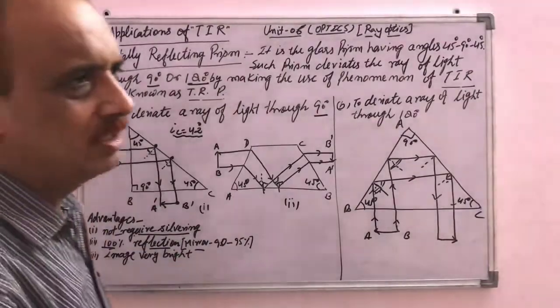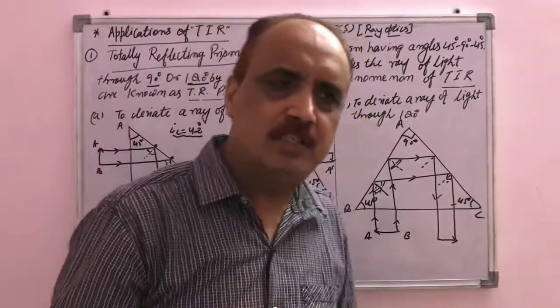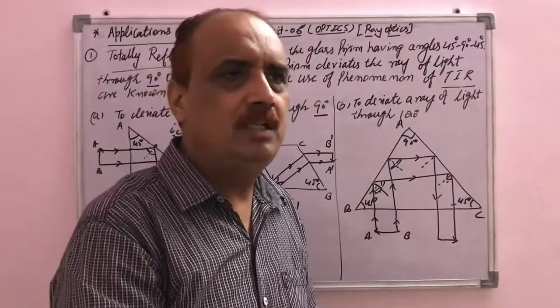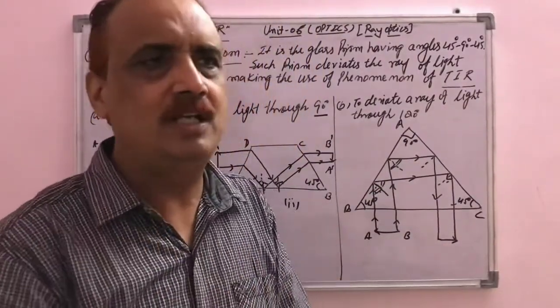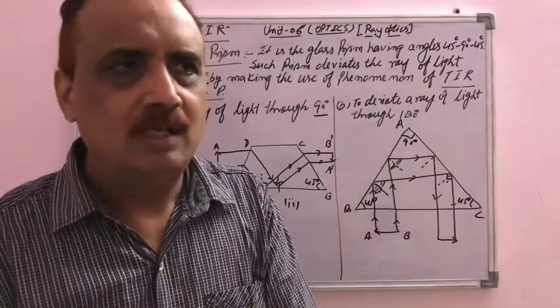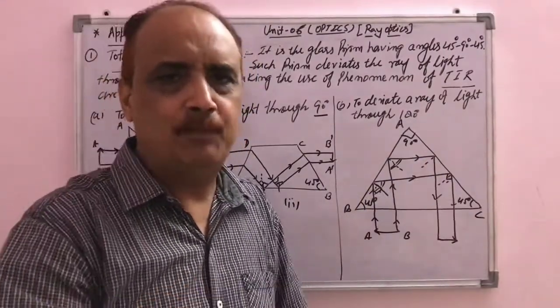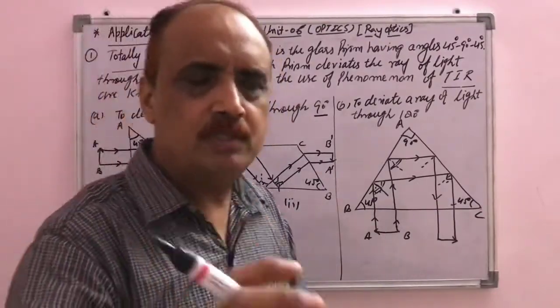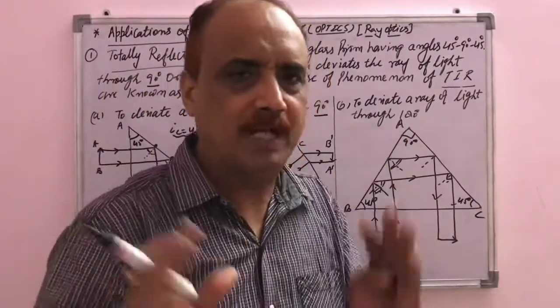But in the case of a mirror, because silvering polish is there, some intensity of light is absorbed. So 92% to 95% of light is reflected, and approximately 5 to 10% of light will be absorbed by the silvering polish. So the image will not be very bright.